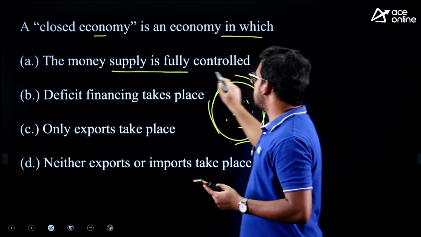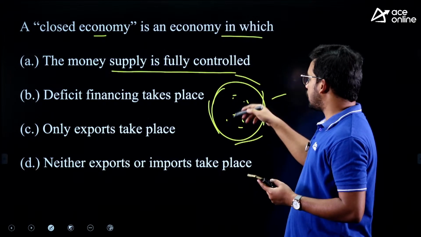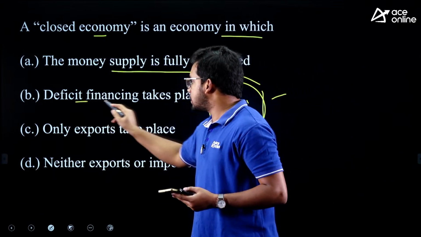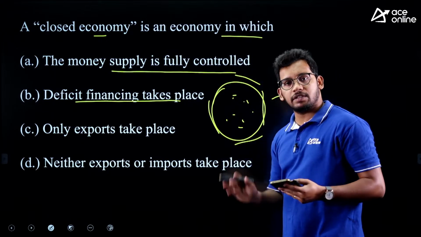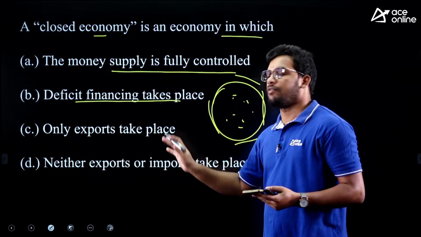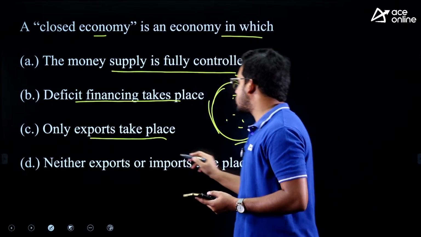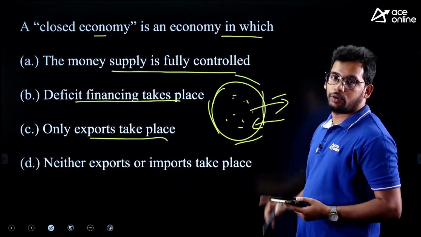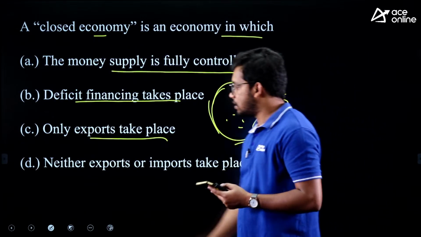The money supply is fully controlled. So the money supply in the market is completely in the hands of the government, they are saying. Deficit financing takes place. That means whenever there is a lack of money for the government, they take money from somewhere else. Only exports take place. So only we send goods, but we are not allowing goods to enter India. So that is a closed economy, they are saying.